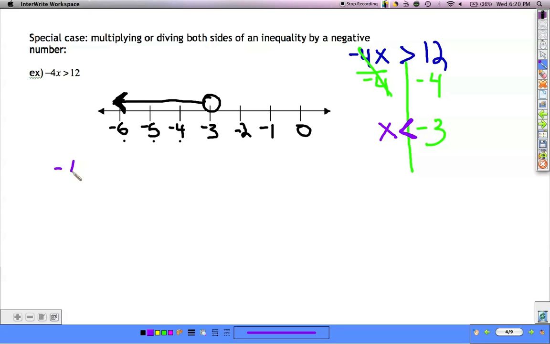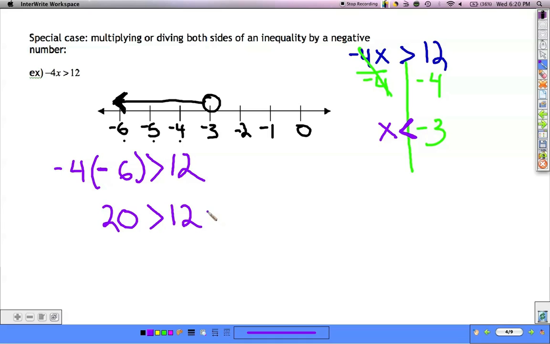We have negative 4 times negative 6, and I'm saying that that is greater than 12. Negative 4 times negative 6 is going to give me positive 24. And is that a greater number than 12? Yes. So negative 6 is part of our solution set.